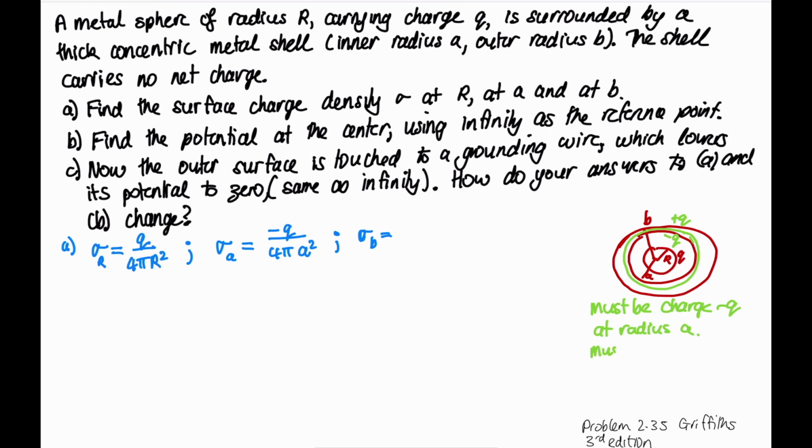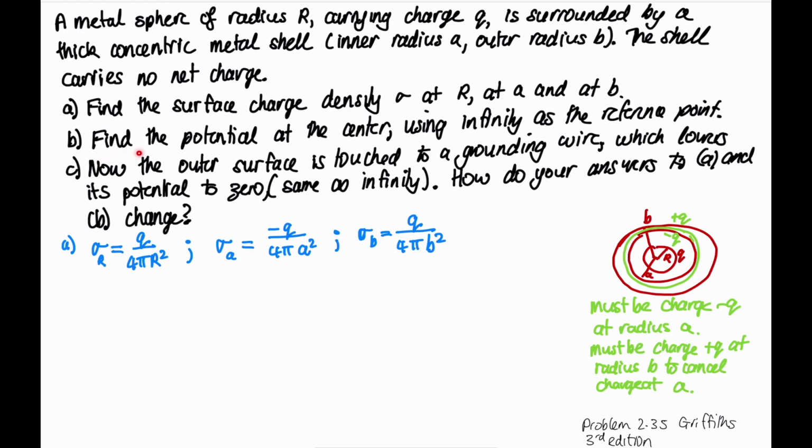So it must be charge plus Q at radius B to cancel charge at A. So we can use that to calculate the surface charge density there. It's going to be a charge plus Q divided by the surface area, which again, it's a sphere, so that'll be 4 pi B squared.